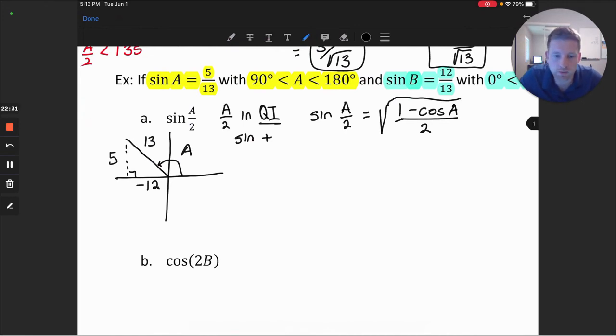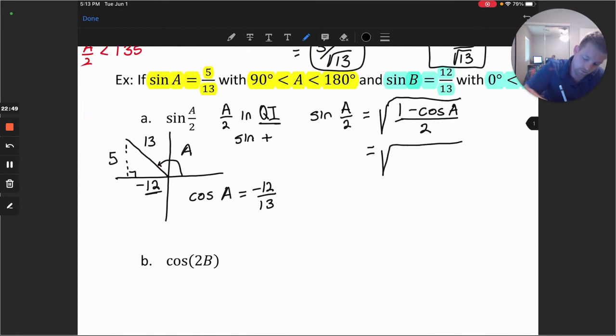Now we'd like to solve for what is cosine of A. In this picture, we have the adjacent side, so cosine of A is negative 12 over 13. So let's put this together. We have the square root of (1 minus negative 12 over 13) all over 2.